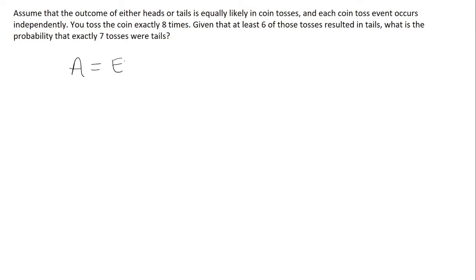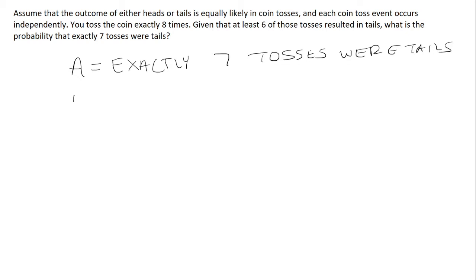Okay, so let A be the event that exactly 7 tosses were tails. And let B be the event that at least 6 of the tosses resulted in tails.